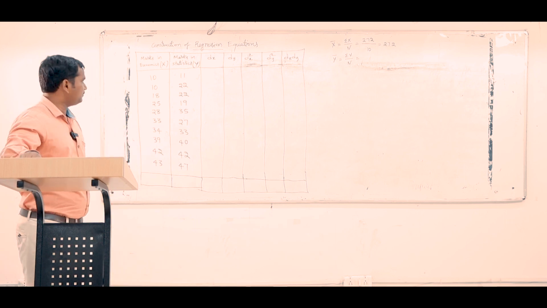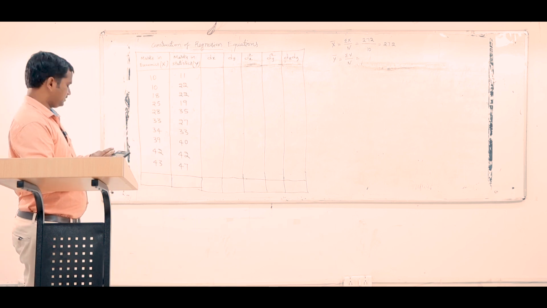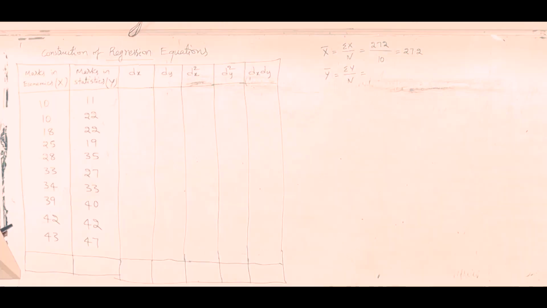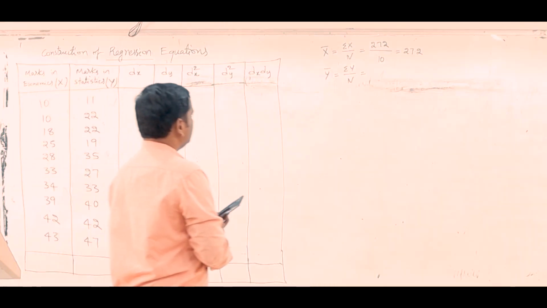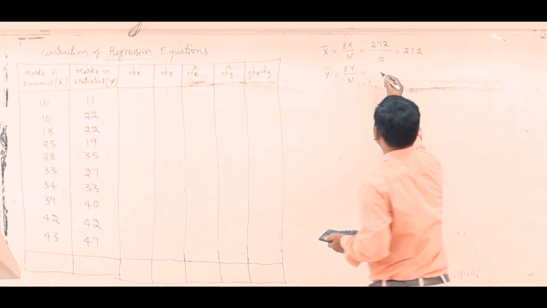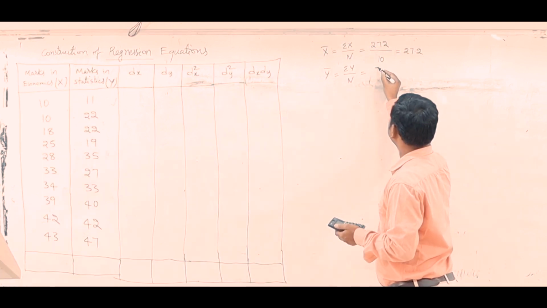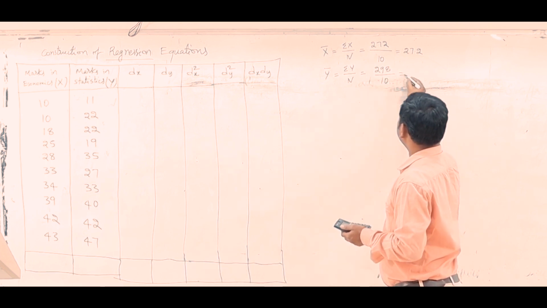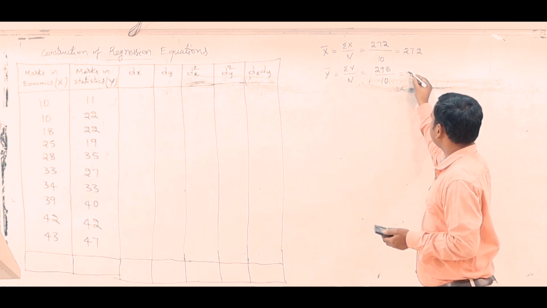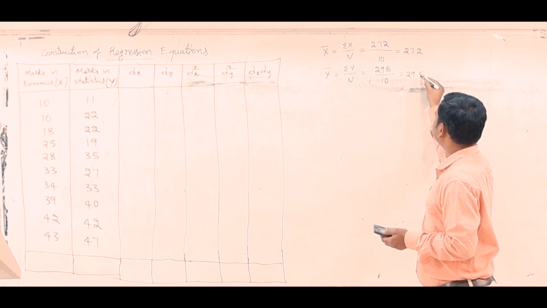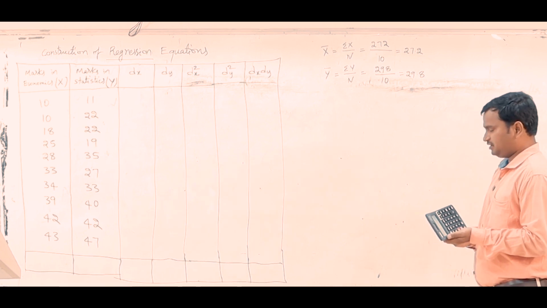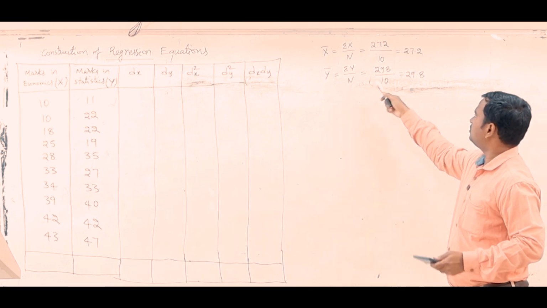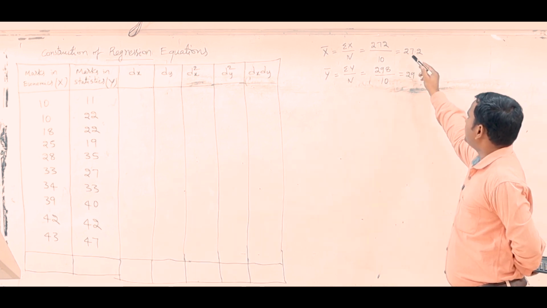The first value is 11, and the total of the Y values is 298. Divided by the number of values, which is the same, 10 values, the mean will be 29.8.